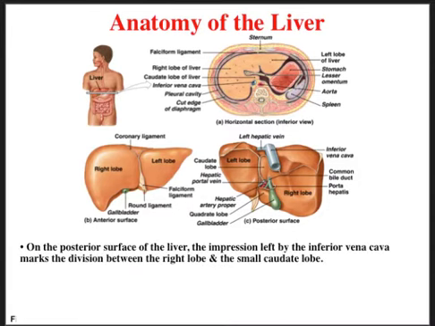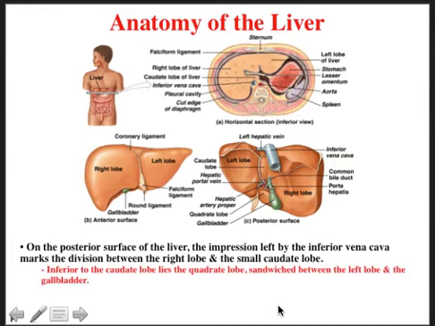On the posterior surface of the liver, there's an impression left by the inferior vena cava, and this marks the division between the right lobe and the small caudate lobe. Okay, so again, looking on the posterior surface, there is the right lobe, and the caudate lobe is this area right here.